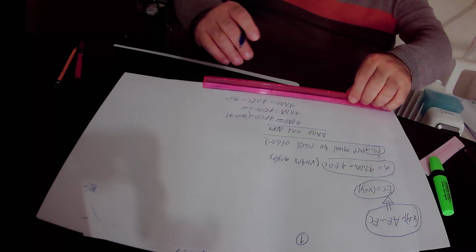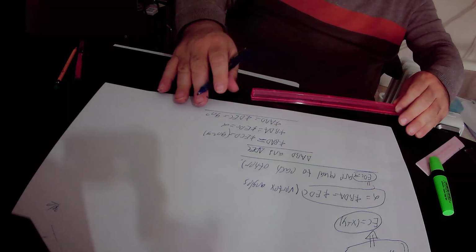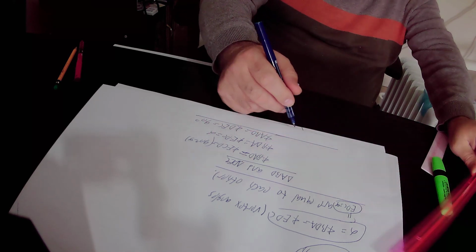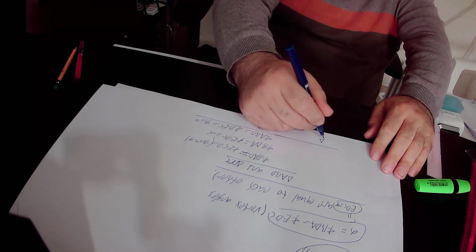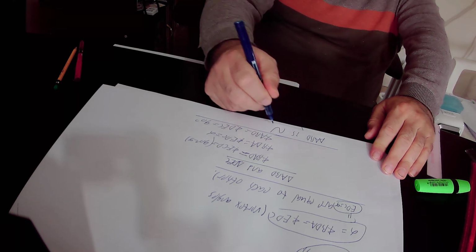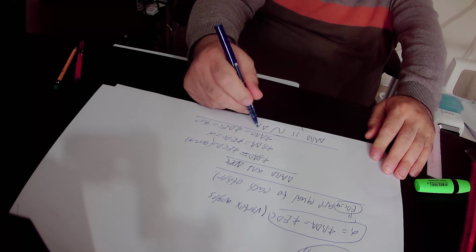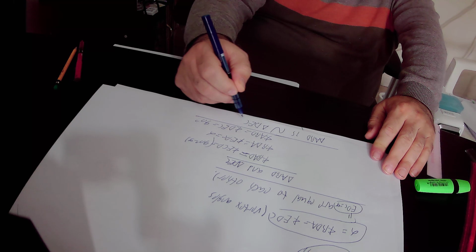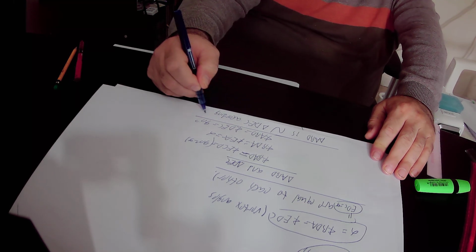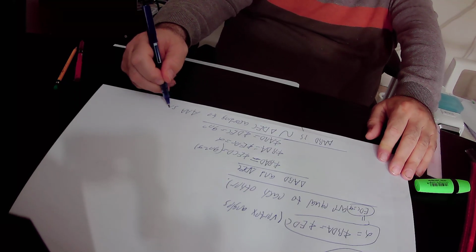I will write it down. We proved that triangle ABD is similar, this is the sign of similar, to triangle DEC according to the angle similarity rule.